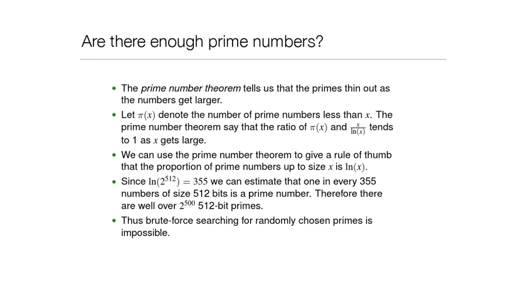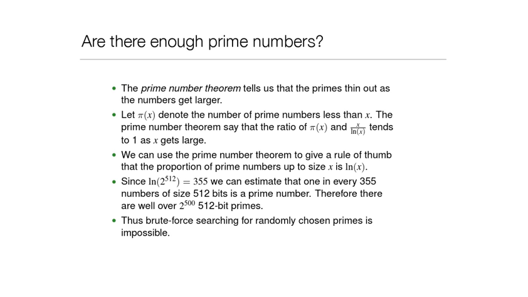At point 4, it is said that according to the prime number theorem, there are a lot of prime numbers we can find. Like, there are a lot of large prime numbers we can find.